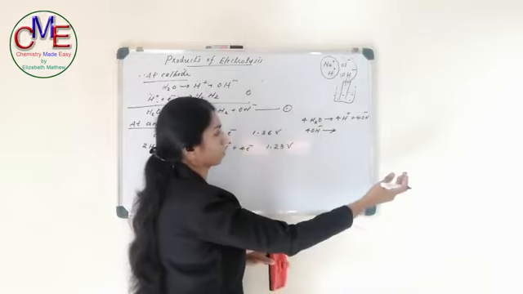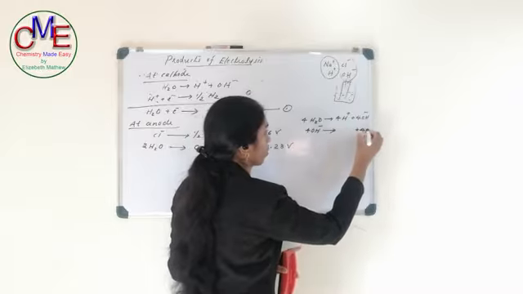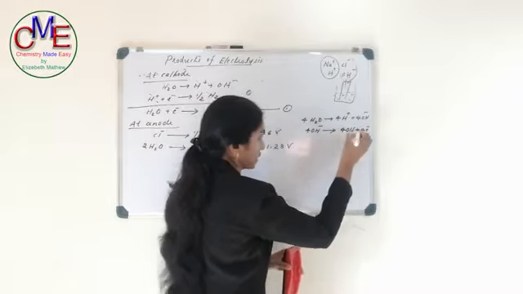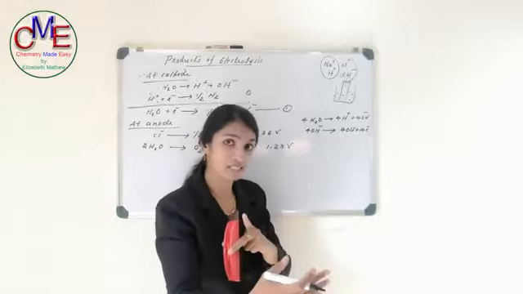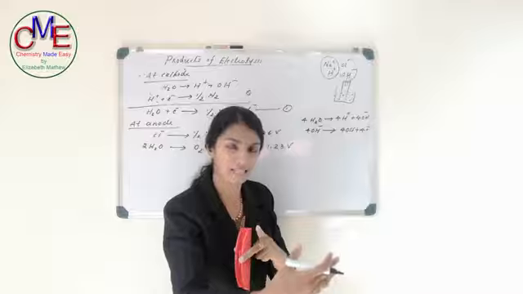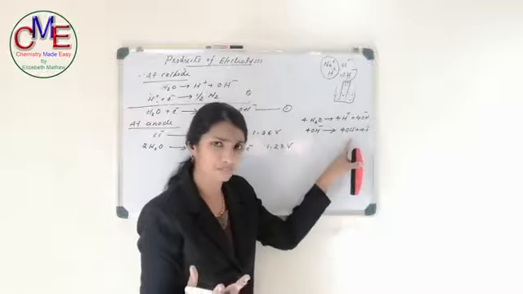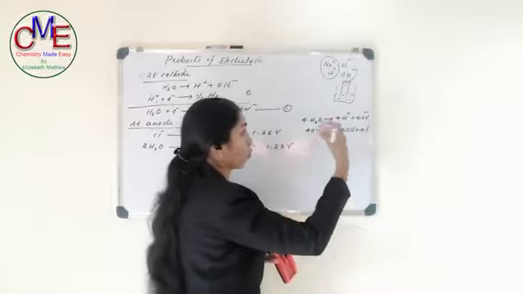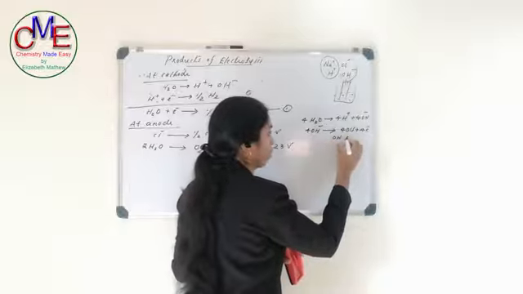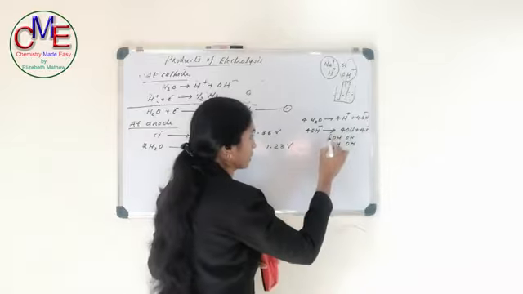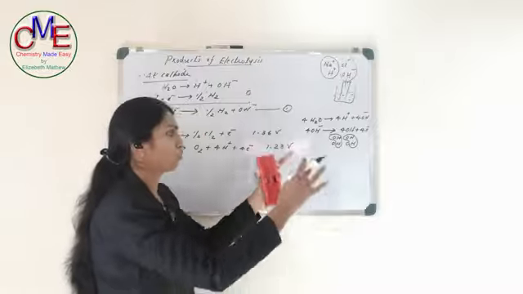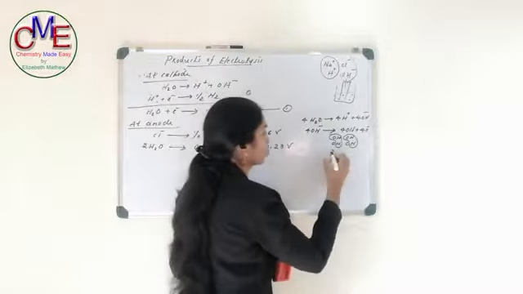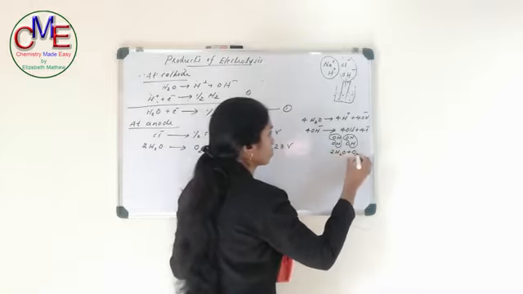So these 4 OH minus lose 4 electron and become 4 OH, right? But this OH is an unstable species. OH minus, that ion has an existence, but OH is not stable. So what do we mean by this 4 OH? This is one OH, another OH, another OH, another OH, right? This 4 OH means one H2O and another H2O. So equivalent to these 4 OH, we can write 2 H2O plus O2. Clear?